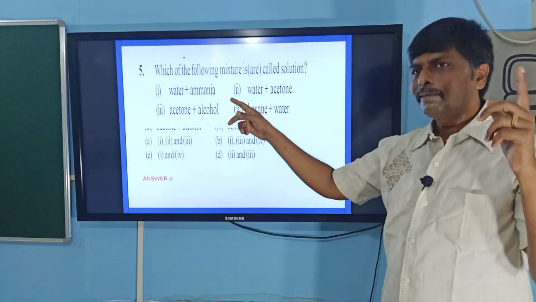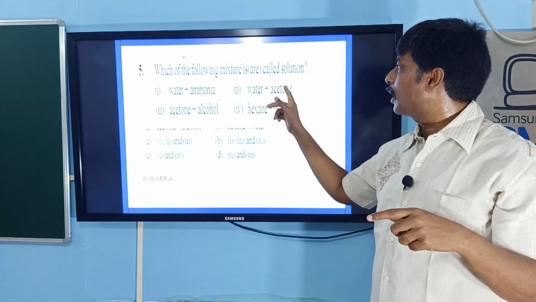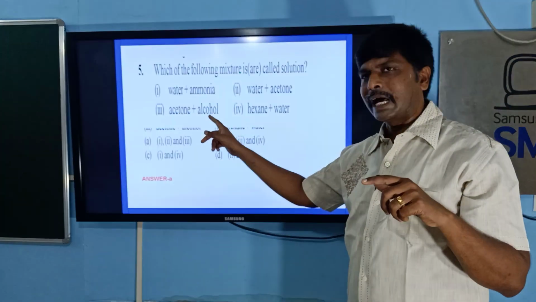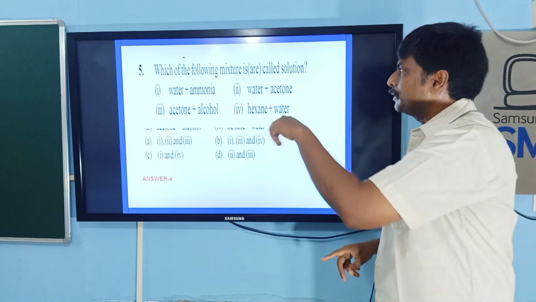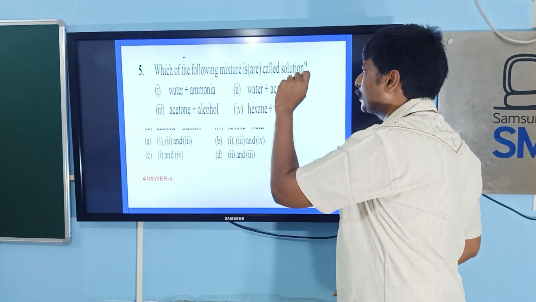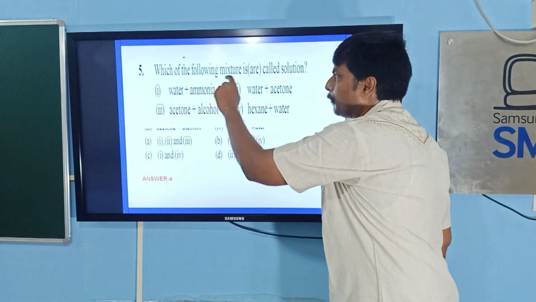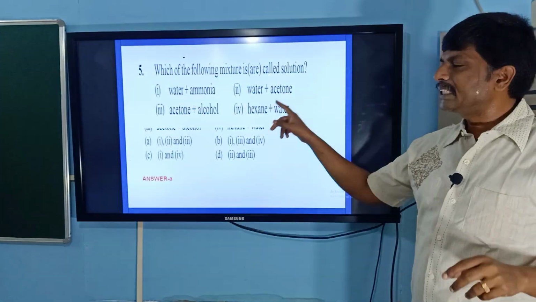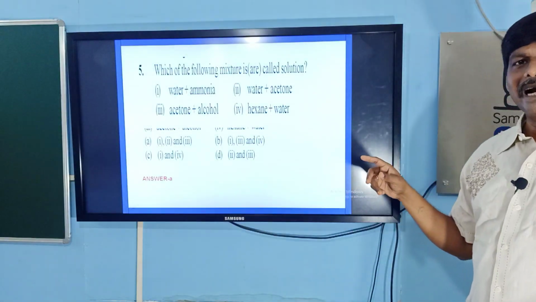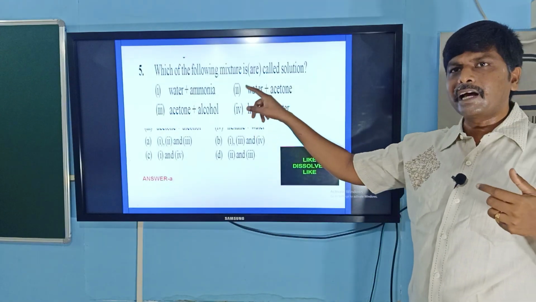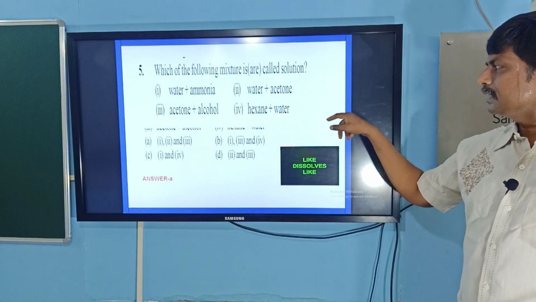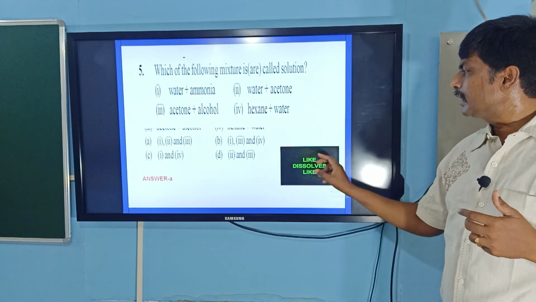Water plus ammonia gives a homogeneous mixture. Water plus acetone, acetone plus alcohol. Acetone and alcohol both are organic compounds, they will be soluble. Water and acetone are also soluble. Water and ammonia are also soluble. But hexane and water are insoluble. Why? Because hexane is an organic compound and water is a polar solvent. What is the principle?